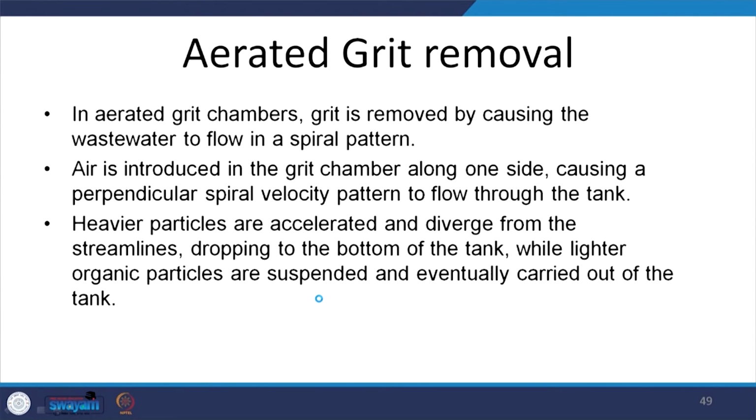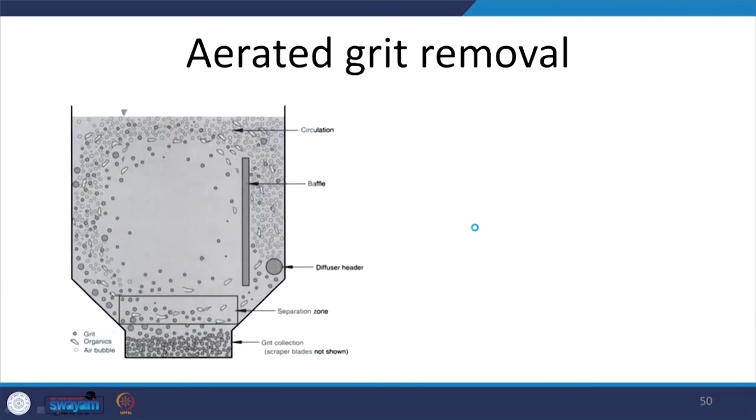In aerated grit chambers, we are letting the wastewater flow in a spiral pattern, and how are we inducing this spiral pattern? By introducing air along one side. Heavier particles are accelerated and diverge from the streamlines, that is pretty much straightforward. Let me see what I have.